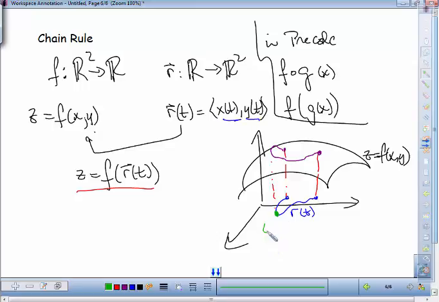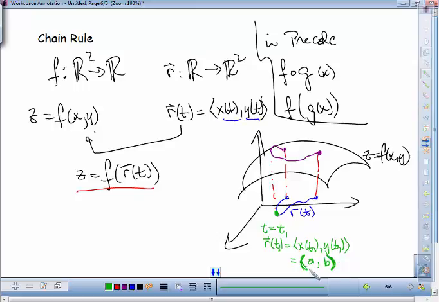Say when t is equal to t1, we put that into the function. R of t1 is going to equal x of t1, comma y of t1, which, let's just call it (a, b). Essentially a point. Maybe I should use parentheses.